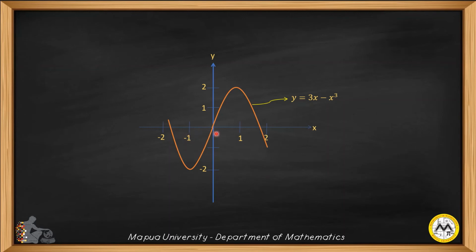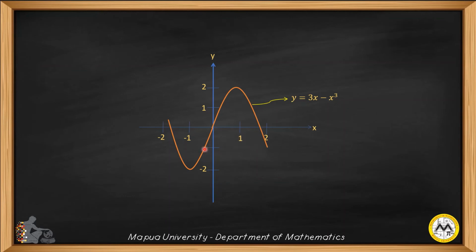Between -1 and 0 is still concavity is upward. But between 0 and 1, the concavity of the graph is downward. Same with the portion where x is greater than 1.